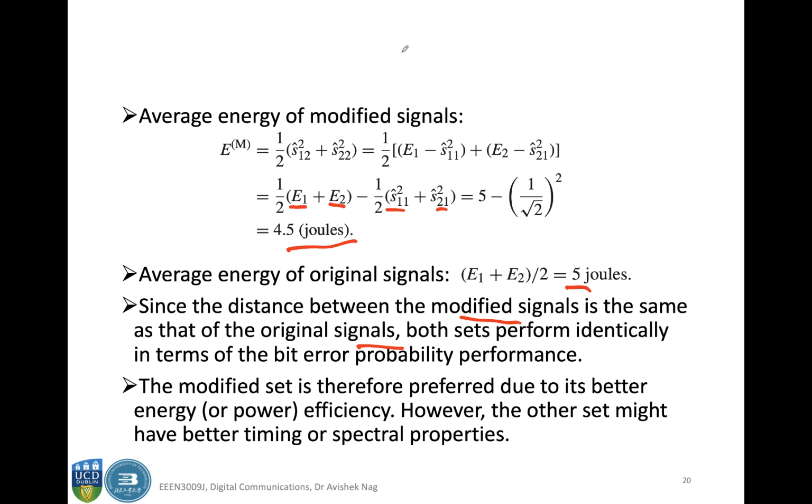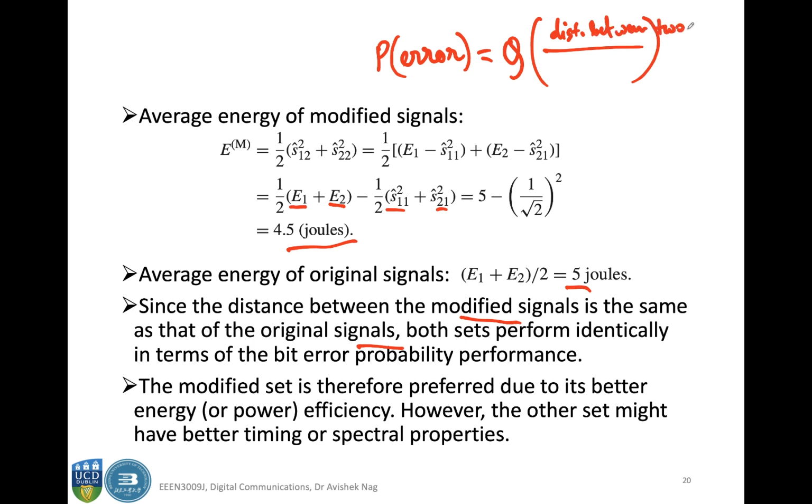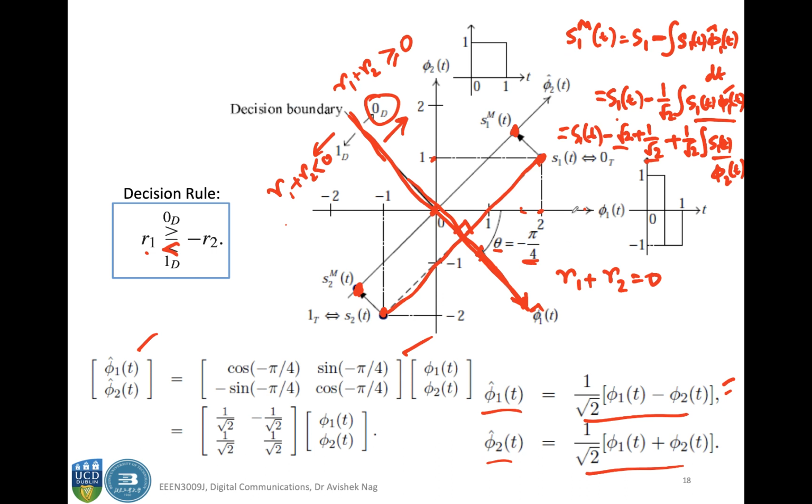So you remember the probability of error we just derived a few slides back is the Q function of the distance between the two signals divided by this, okay. So if you look here, even with the modified axis, the distance remains the same.